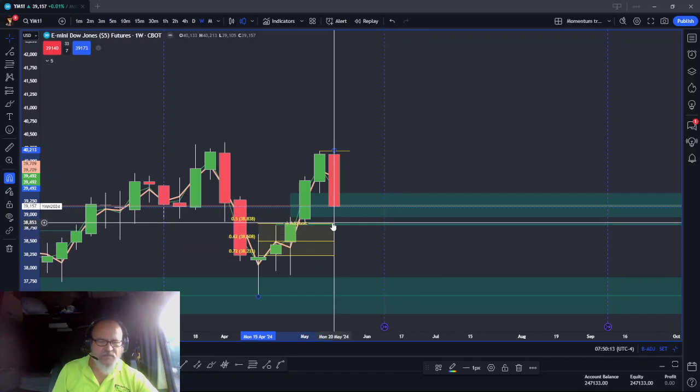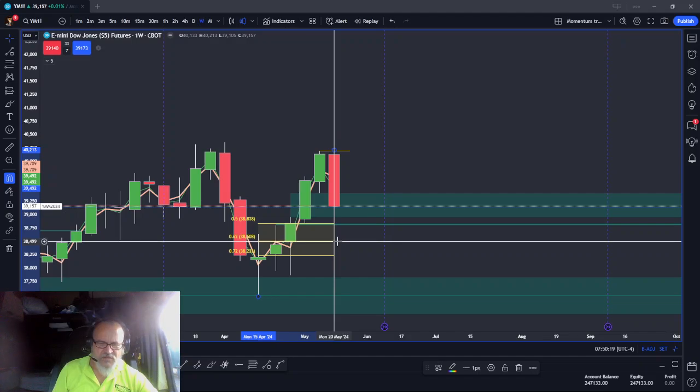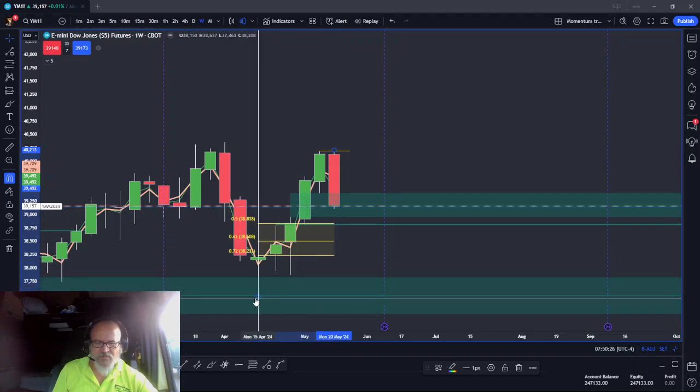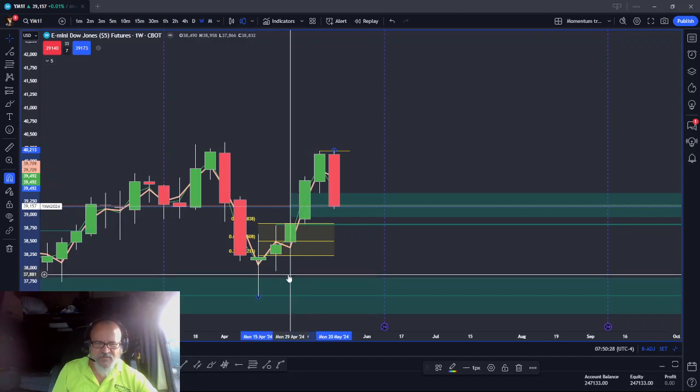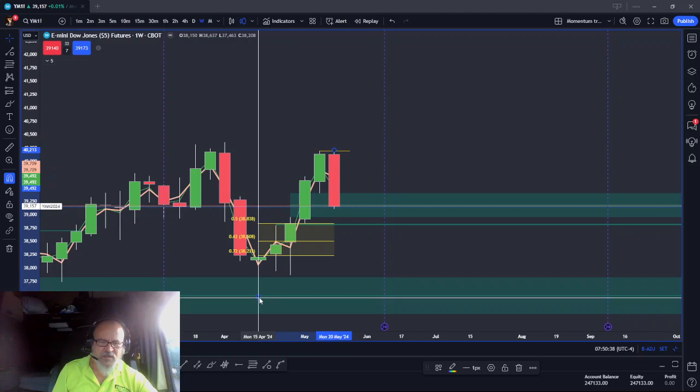The 50% at 38,838 and the 6.2 at 38,508. And then we do have, I don't know if you could call those relative equal lows, but we do have some liquidity down here below this low that could be grabbed, or even down below this low.